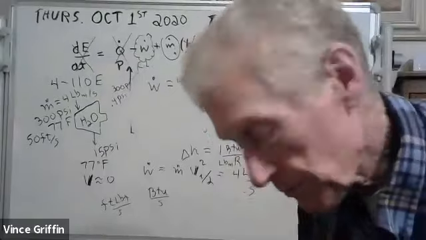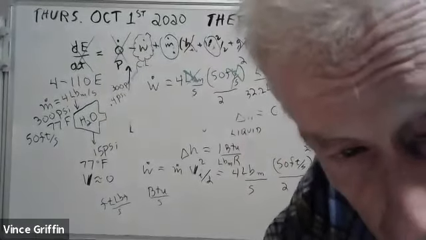Mr. Griffin? Yes. So for the nitrogen, in the English units, we do not have the table at the back of our book. Do you know what page you have in your book? Because I couldn't find the nitrogen table in English units.